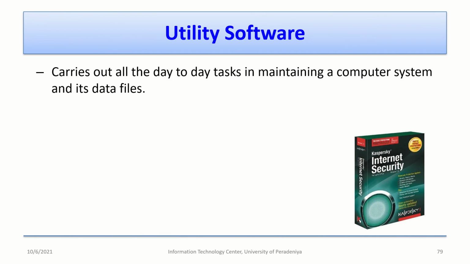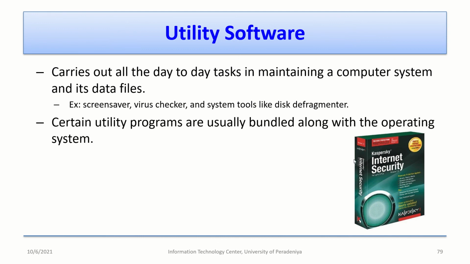The next one is utility software. Actually, utility software carries out the day-to-day tasks in maintaining a computer system and its data files, right? So, for example, virus guard or screen savers, right? They maintain the computer system. So assume your computer is infected by a virus, right?